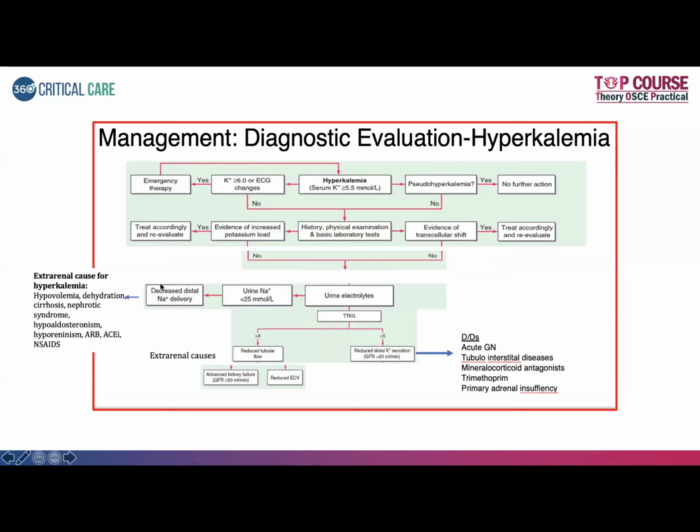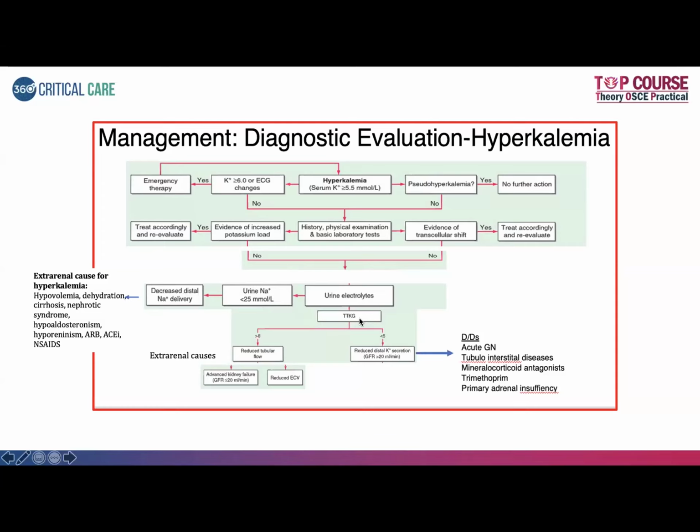This happens because of many extrarenal causes like hypovolemia, dehydration, nephrotic syndrome, cirrhosis, hypoaldosteronism. So due to decreased sodium delivery to the distal tubule, there can be decreased potassium excretion resulting in hyperkalemia.